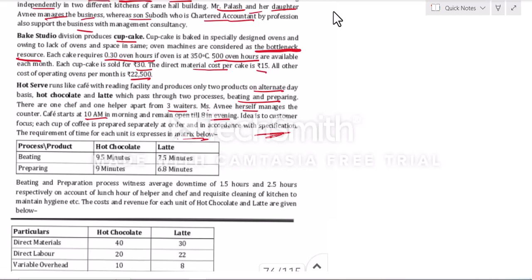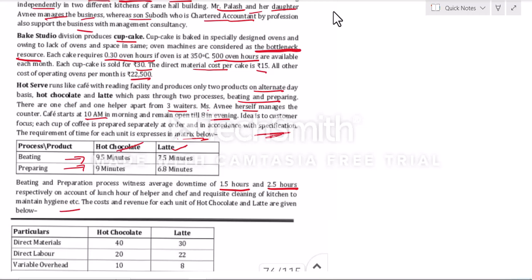One day they are producing hot chocolate and one day they are producing latte. So for hot chocolate they need to beat for 9.5 minutes and they need to prepare for 9 minutes. For latte 7.5 minutes and 6.8 minutes. Beating and preparation process witness average downtime of 1.5 hours and 2.5 hours respectively on account of lunch hour of helper and chef and requisite cleaning of kitchen to maintain hygiene.